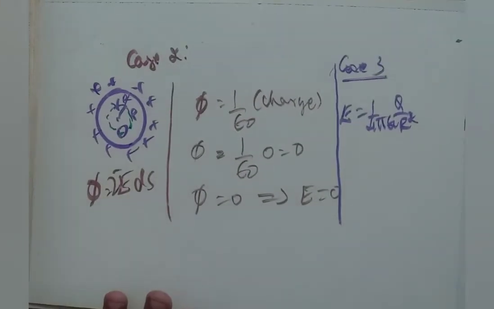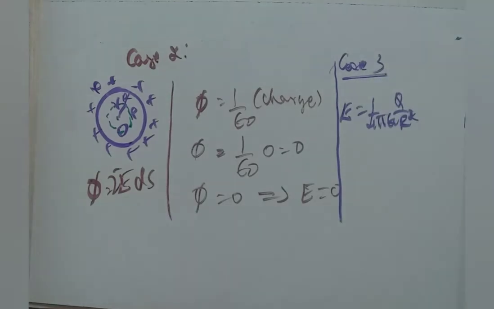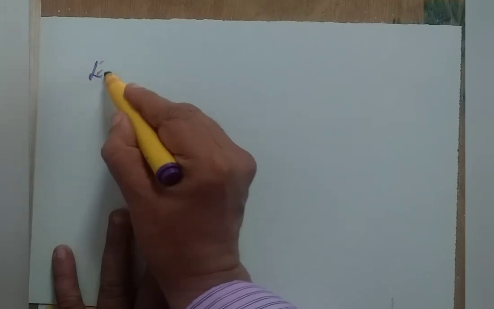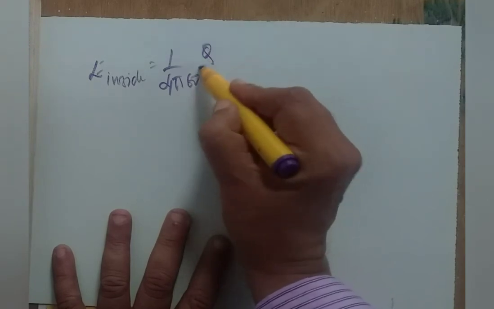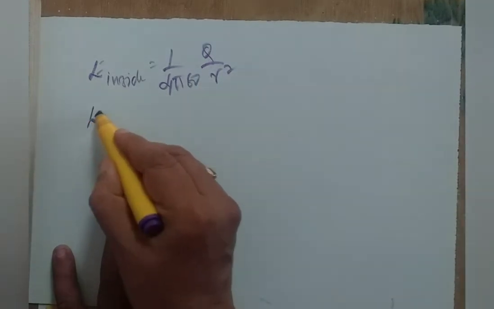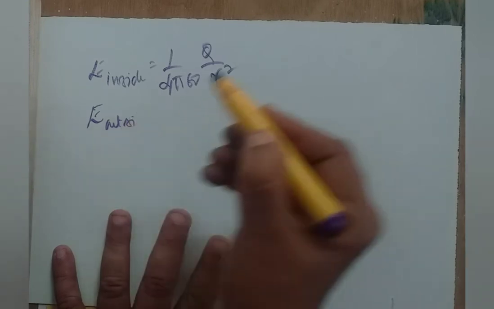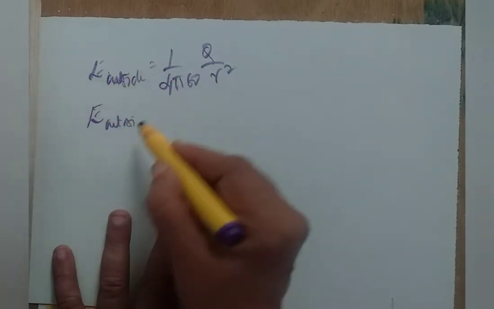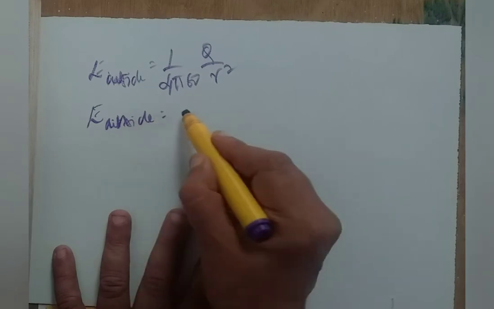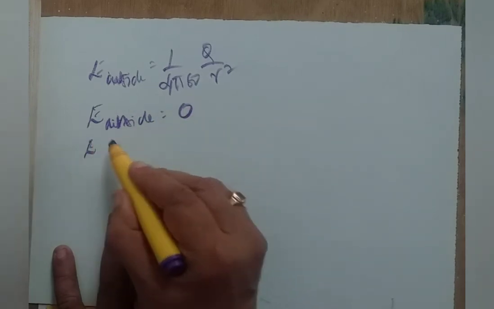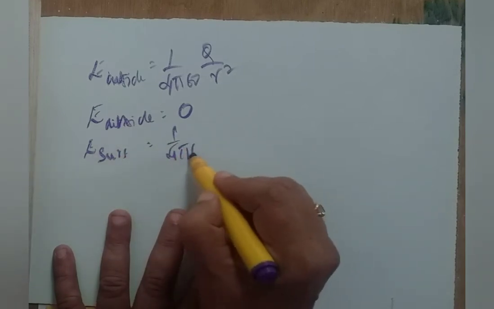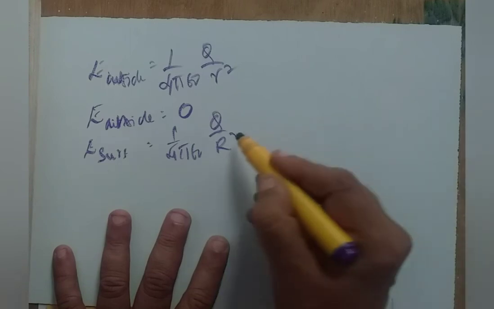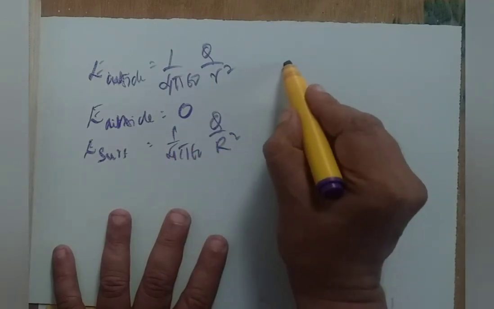Electric field outside is 1 by 4 pi epsilon naught q by r square, and electric field inside is 0 for all points. Electric field on the surface is 1 by 4 pi epsilon naught q by r square.